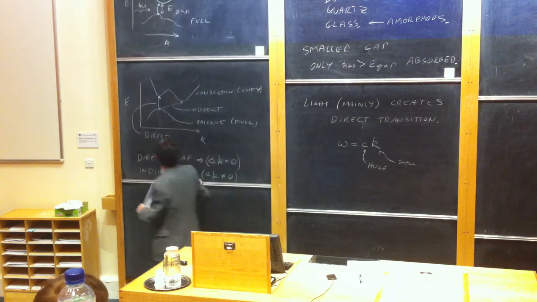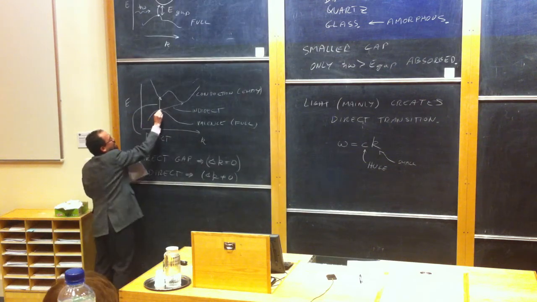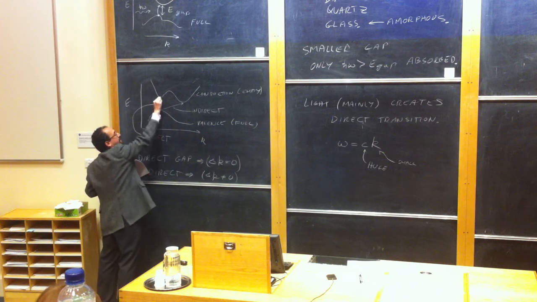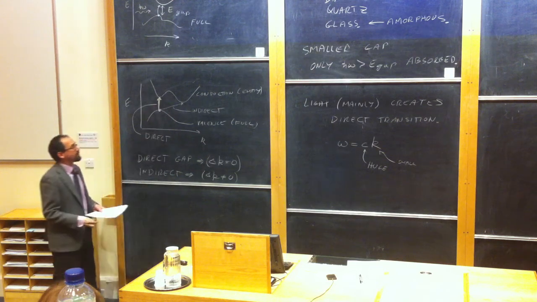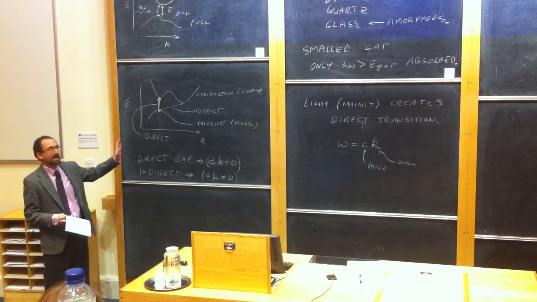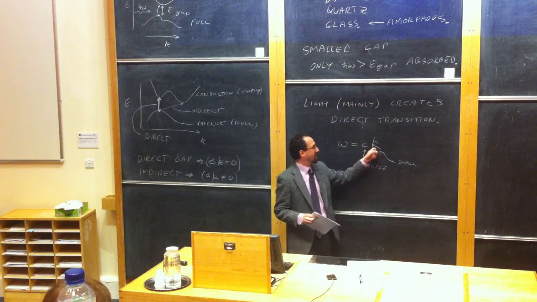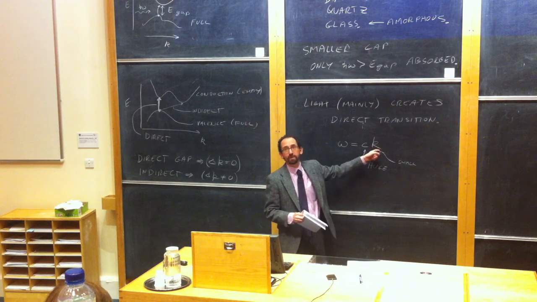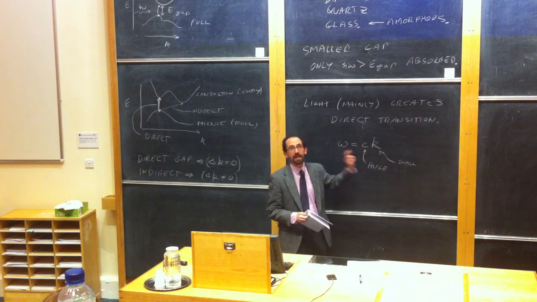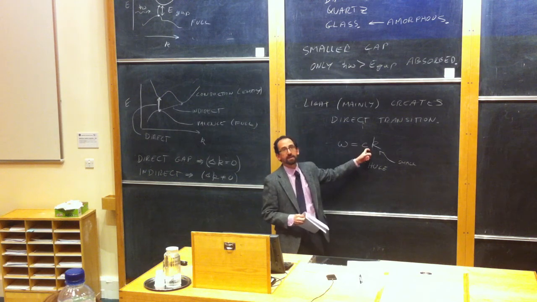So when a photon comes into a system, the electron moves essentially vertically in this diagram, preserving its k. Now it doesn't exactly preserve its k, it can absorb a very small k, but the amount of k it absorbs is a tiny number because the speed of light is so large.